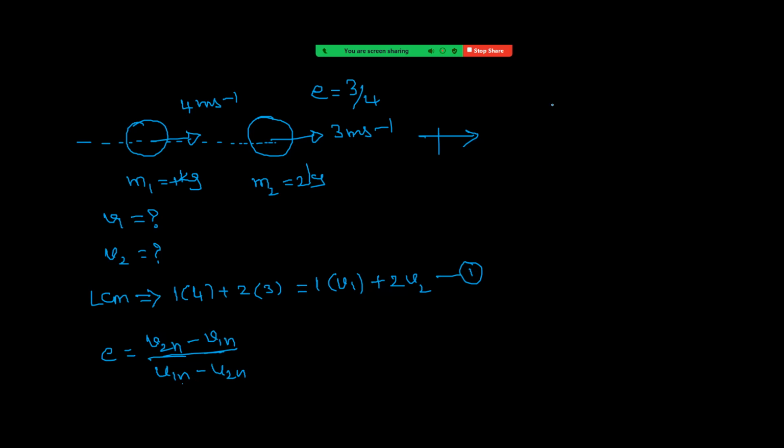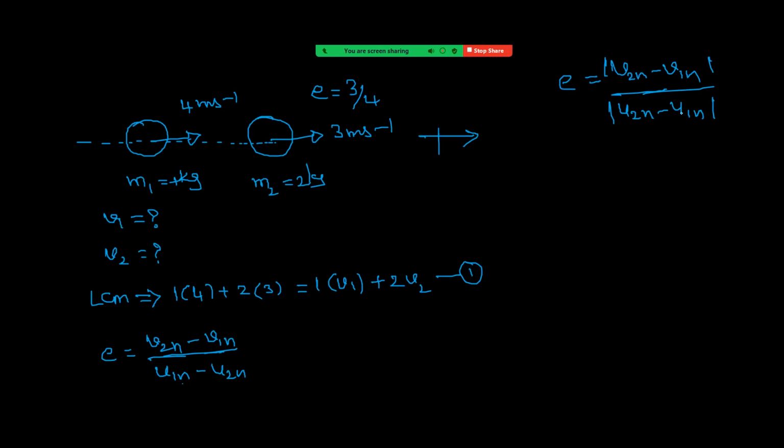I will write here once again. Actually, we have to consider e equal to the modulus of V2n minus V1n upon U2n minus U1n, because one is the velocity of separation and the other is the velocity of approach. If one is positive, the other becomes negative, so we have taken the modulus values.